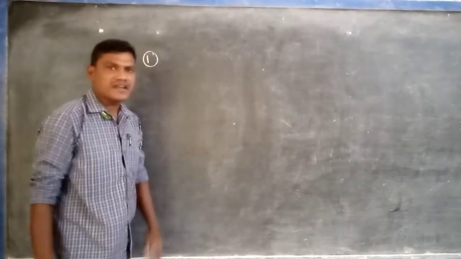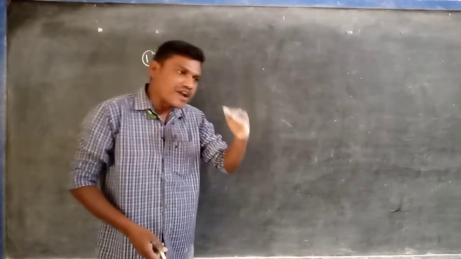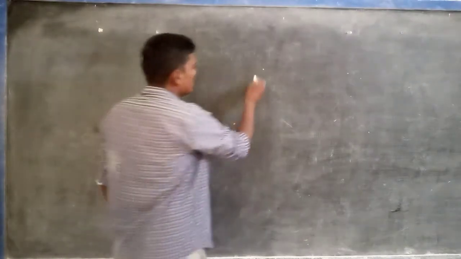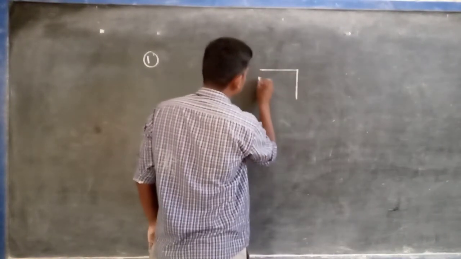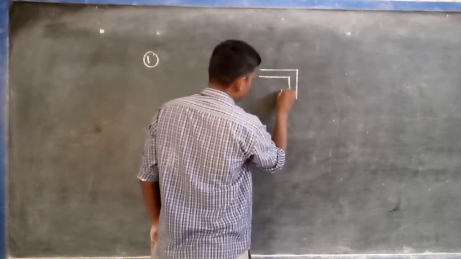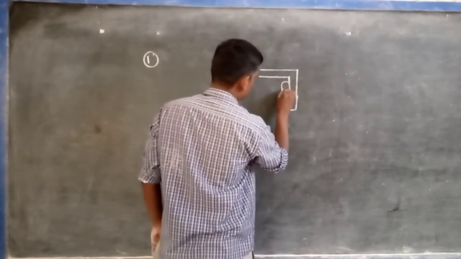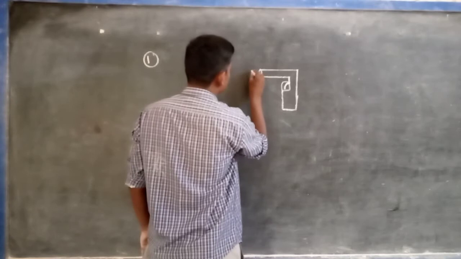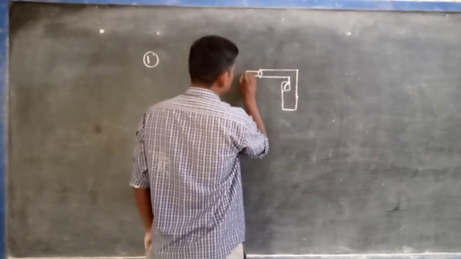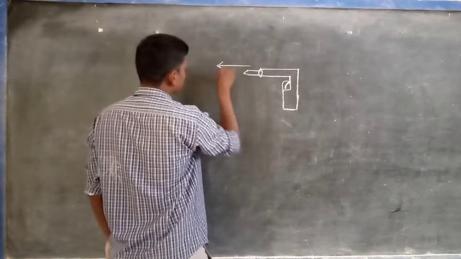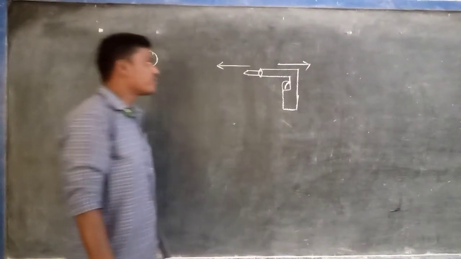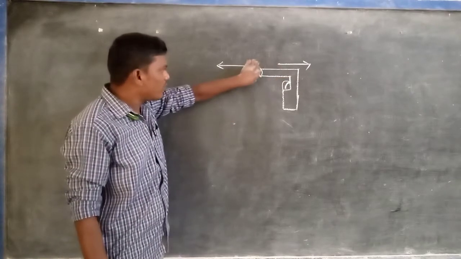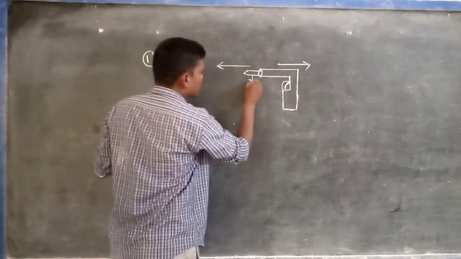First one, a gun recoils. Listen very carefully. A gun recoils when a bullet is fired from it. Here we consider a gun, and a bullet is fired from it.